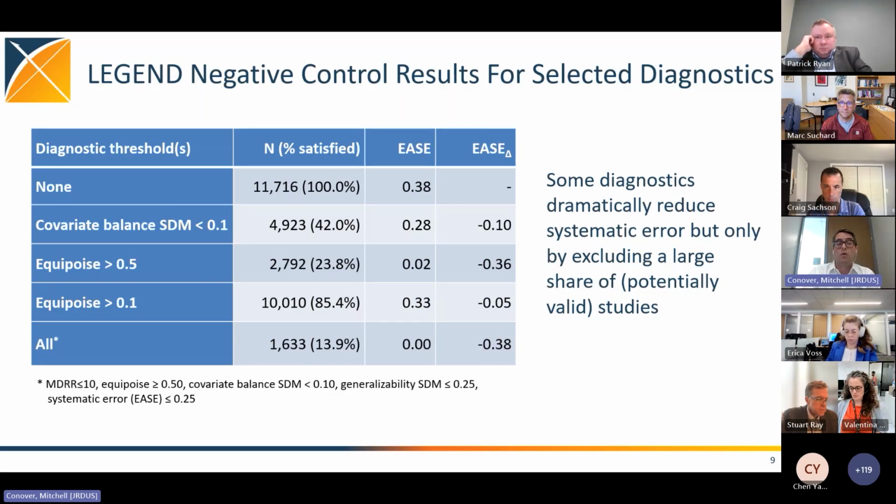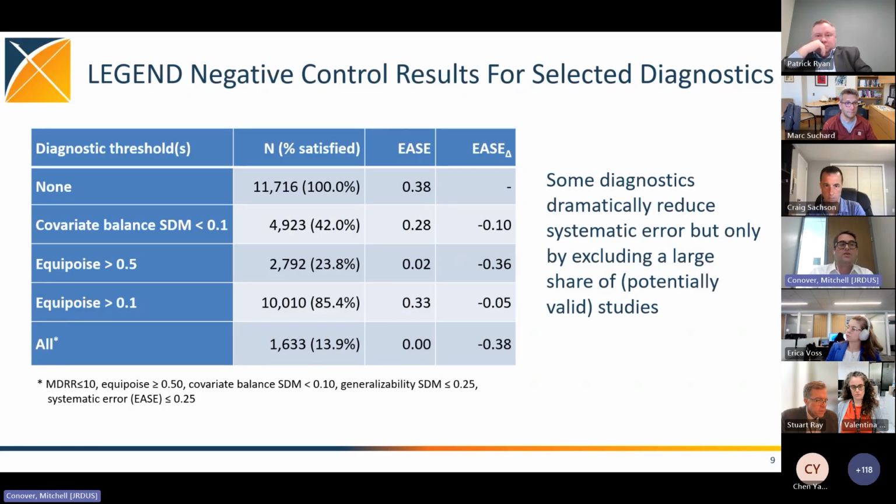When we look at empirical equipoise, the Walker criterion of propensity score or preference score overlap, we see that an equipoise requirement that half the population be in equipoise is very restrictive and reduces the amount of analyses that we unblind dramatically, but does a very effective job of controlling for systematic error. When we explore a less restrictive equipoise criterion, we include many more analyses, but again, do a less effective job of reducing that systematic error.